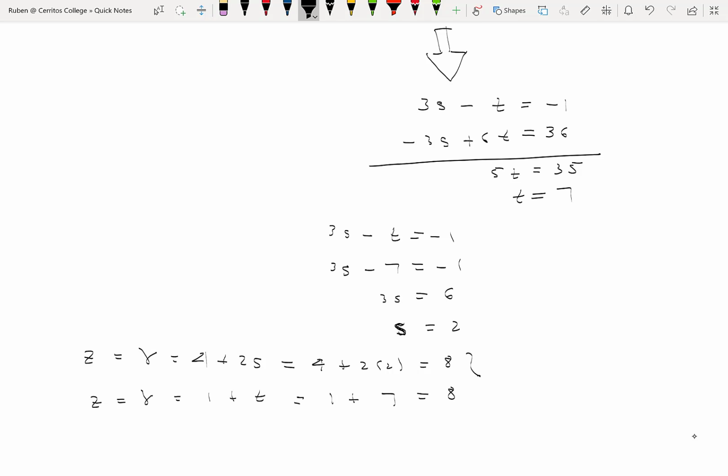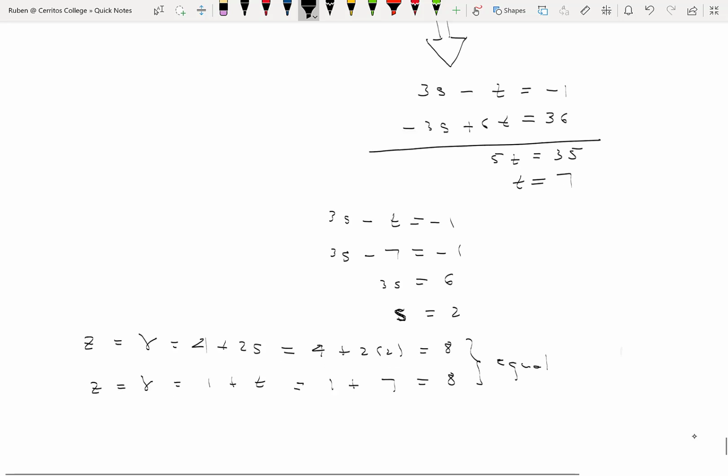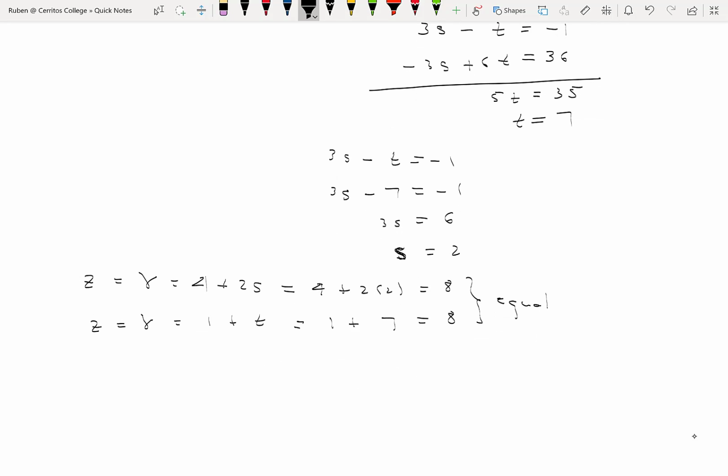So these are equal. The z values are equal. The third set of equations match up. So the lines intersect.